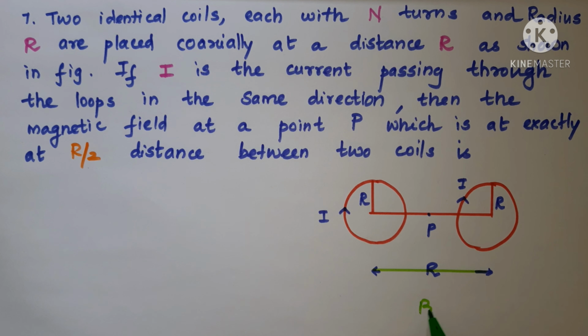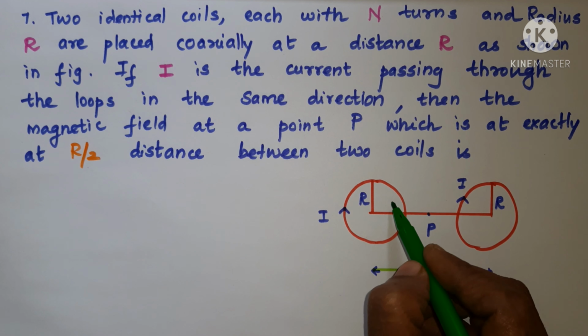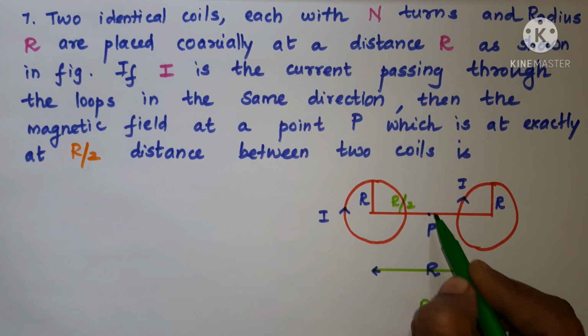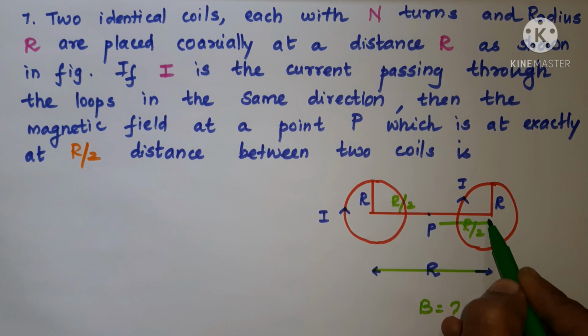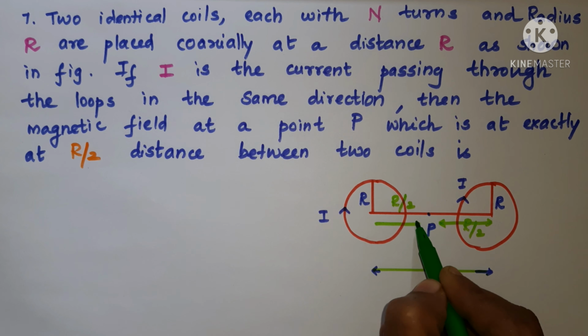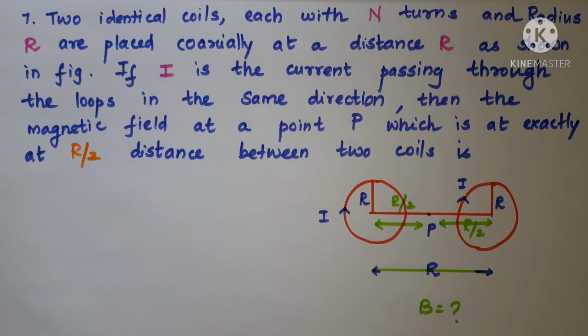From this point to this point it is r distance, so from here it is r by 2, and from this point to this point it is r by 2 distance.